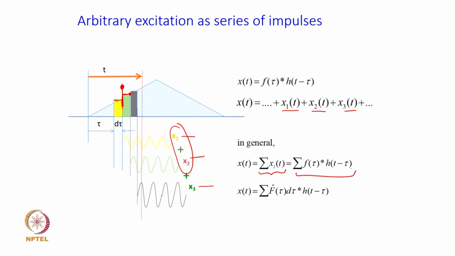Each impulse is multiplied with the impulse response function h(t minus tau), which has to be used to ensure that in the global time t, the position of that impulse is appropriately located. And yeah, this is how it should look.